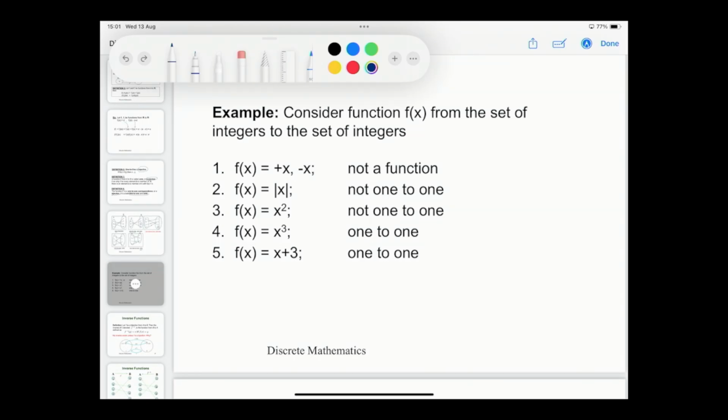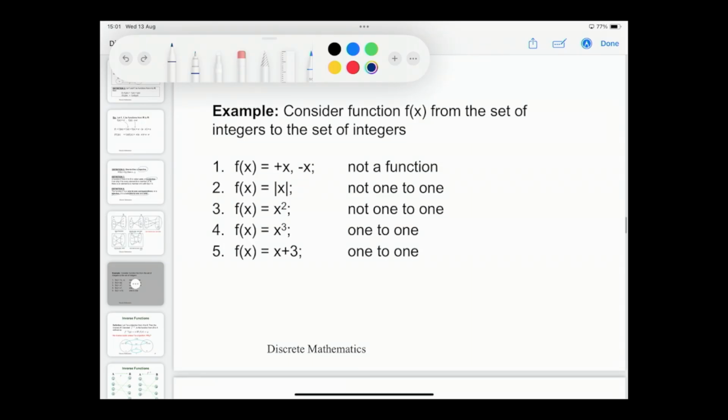Given some functions, we can identify whether they are actually functions or not. If they are functions, then what type are they? Case number 1, f(x) equals plus or minus x.